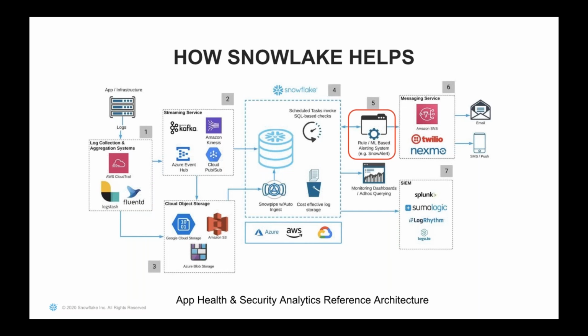But how can I also push out those alerts when it detects something to some sort of messaging service, whether that be something that's going to generate an email or a push notification, or it could also be something that generates a ticket in something like Jira that allows someone to take action on something that was found. And what's really important there is when they need to take action, oftentimes there's analysis that needs to be done that requires looking back in time, to really figure out what was the cause.